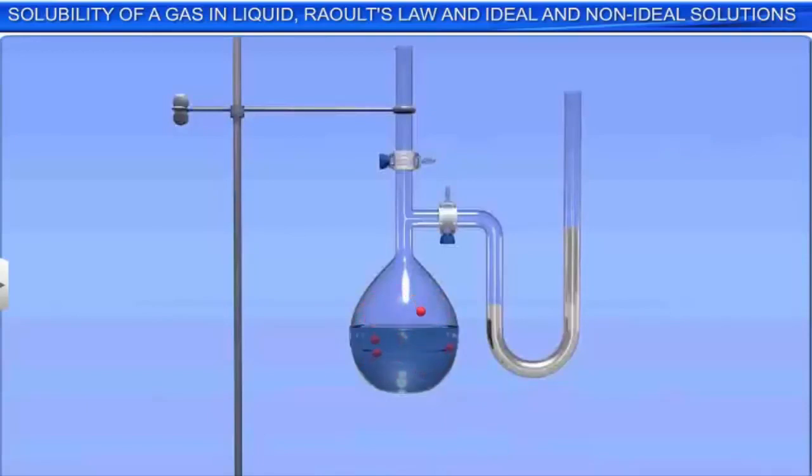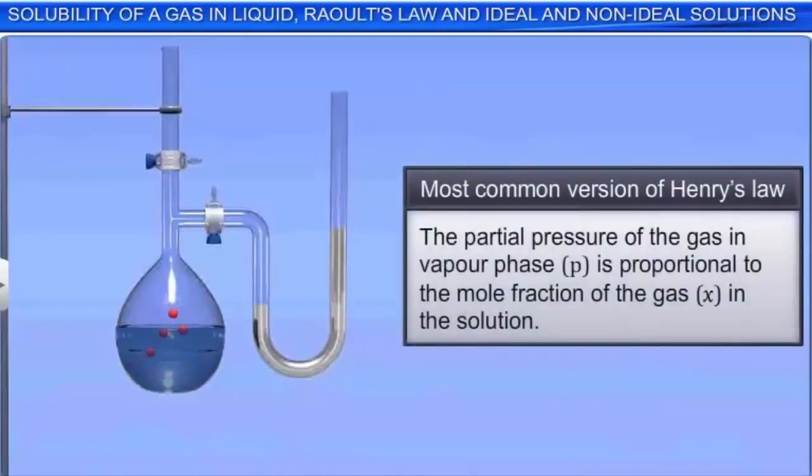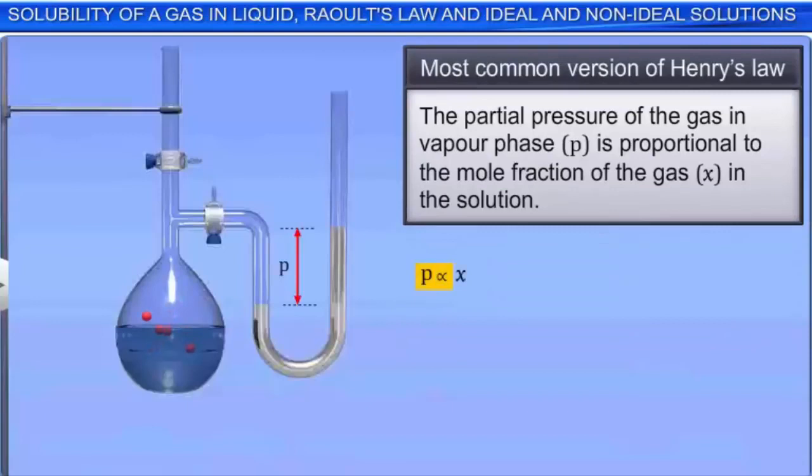However, the most commonly used version of Henry's law is: the partial pressure of a gas in vapor phase, P, is proportional to the mole fraction of the gas, X, in a solution. Mathematically, it can be represented as P is proportional to X, or P is equal to KHX, where KH is the Henry's law constant.